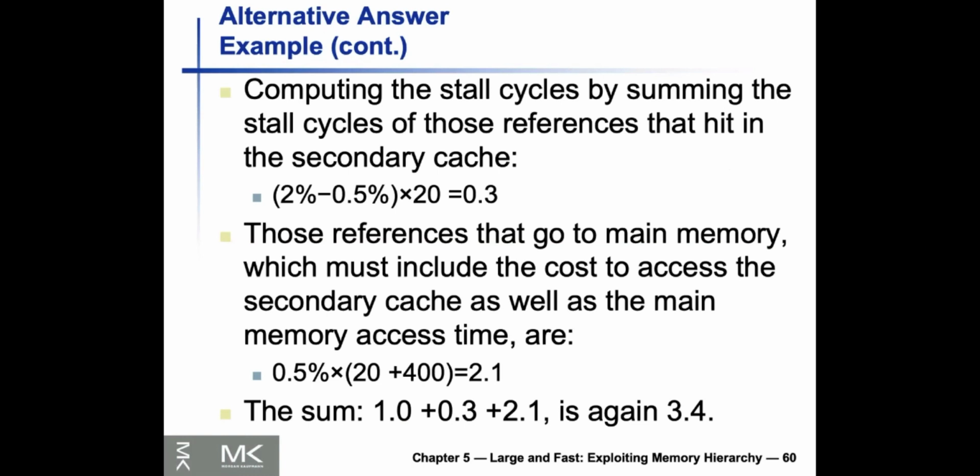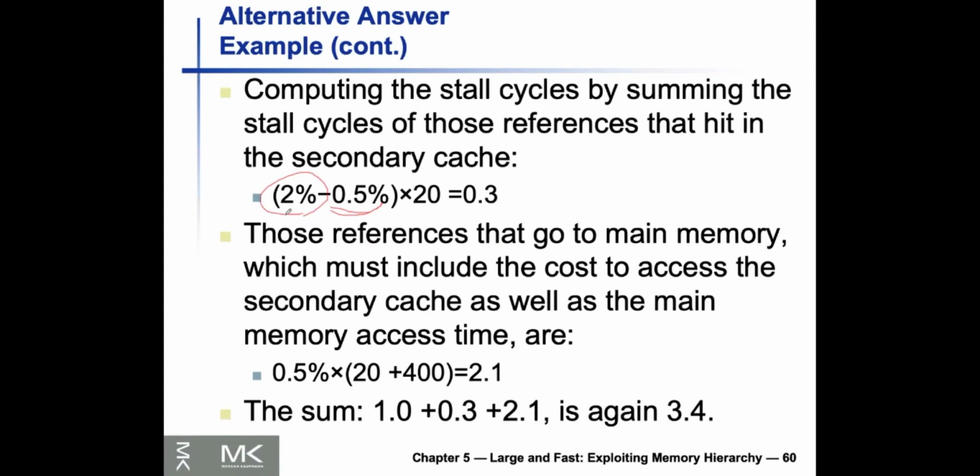So the alternative method to computing the stalls would be by combining the L1 miss rate and the global miss rate. So 2% of the time L1 misses. That means that the rest of the time, either L2 hits or L2 misses.